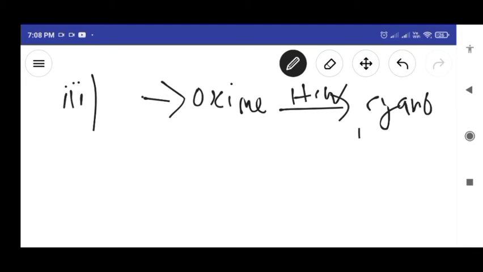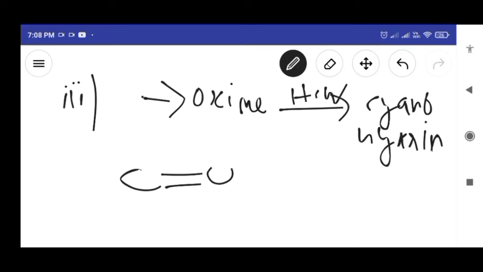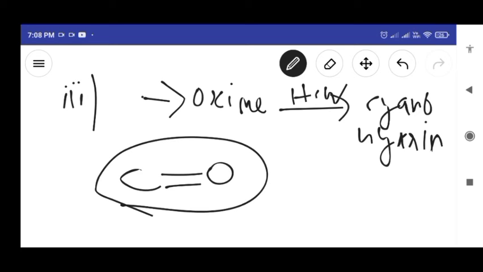It is a very important test for identifying the carbonyl group. So from this test, it is understood that glucose contains a carbonyl group.